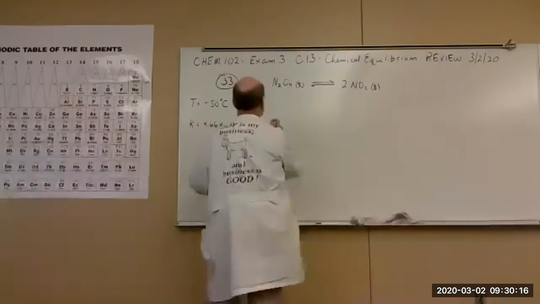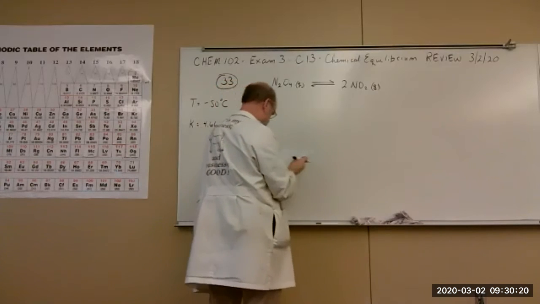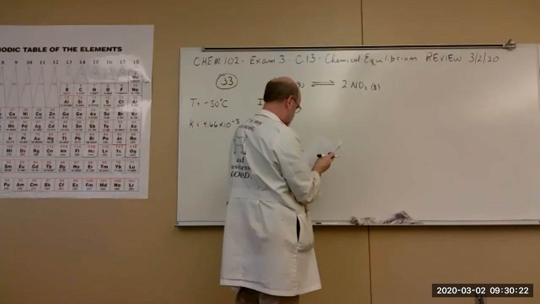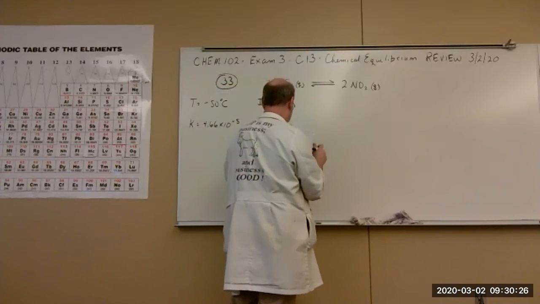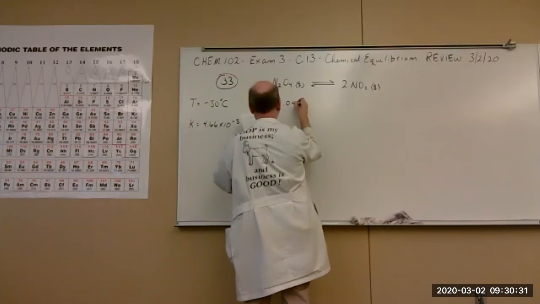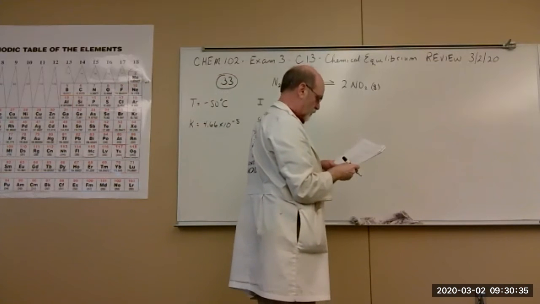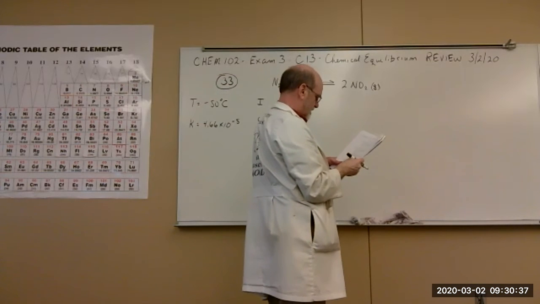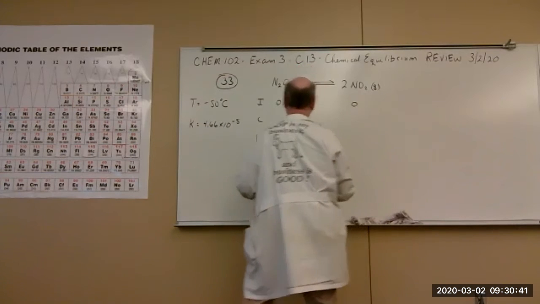Okay, I think we need an ICE table. We introduce 0.047 moles in 1 liter container. All right, so that means this is 0.047 molar. It's that many moles in 1 liter. And let equilibrium be established. So that means we start off with 0.